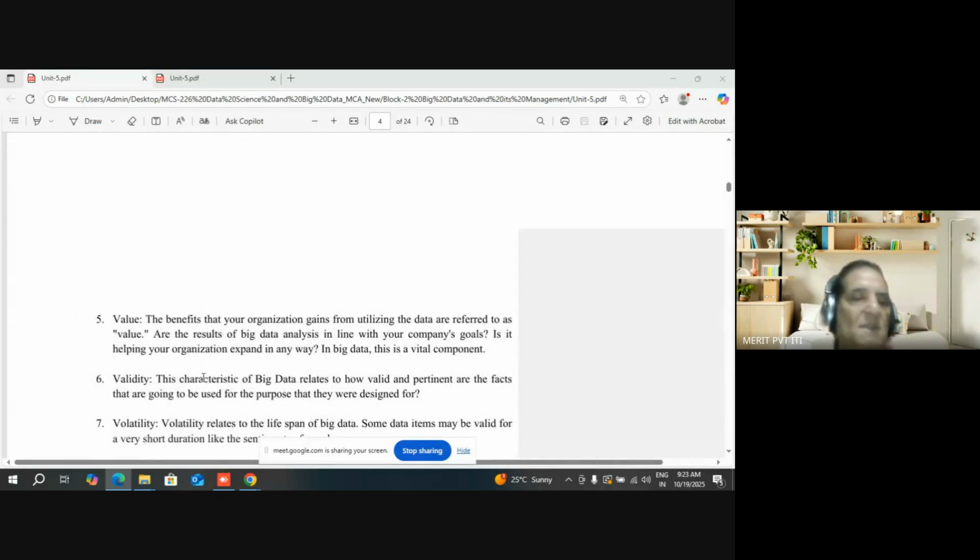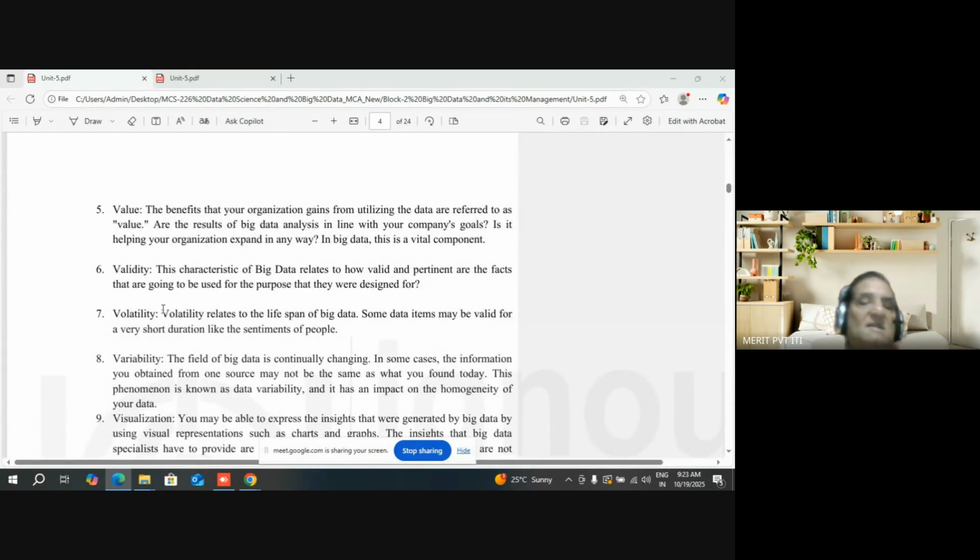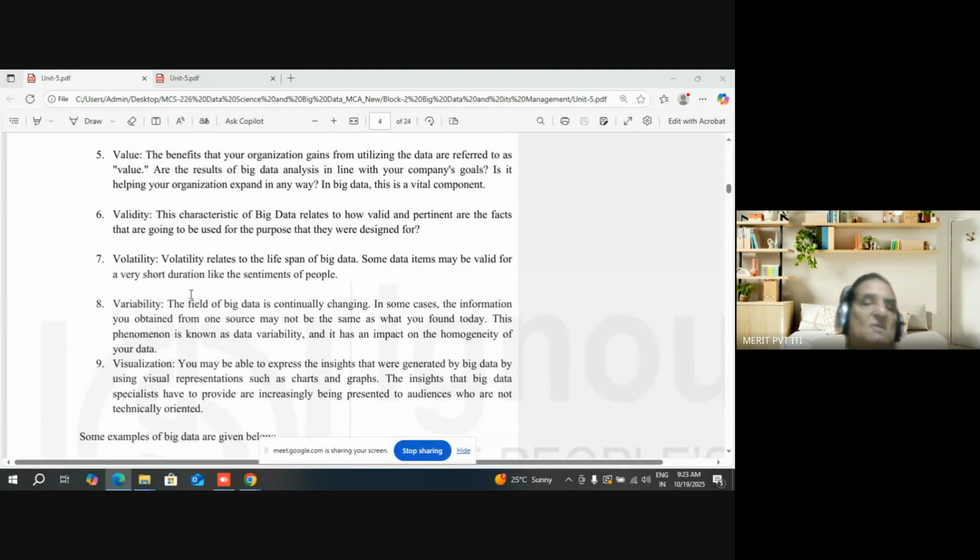So this is the value, the benefit that your organization gains from utilizing data is referred to as value. Validity, the characteristic of big data, relates to how valid and pertinent the facts are that are going to be used. Volatility relates to the lifespan, how long the life of the data is.